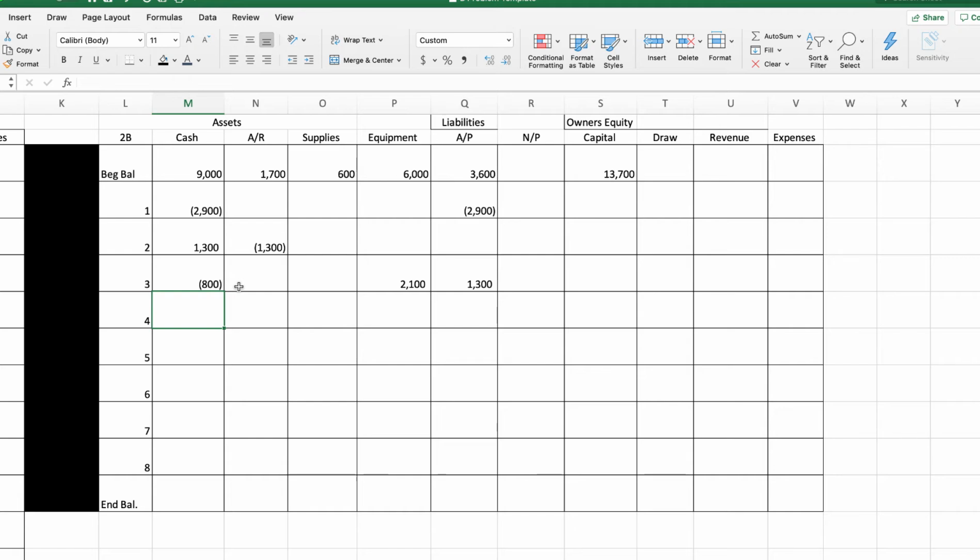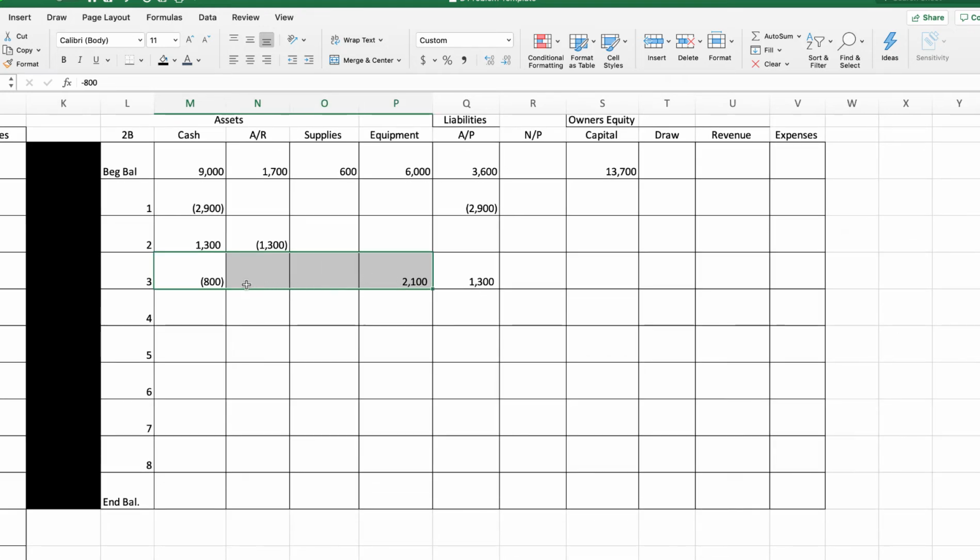Now I want to show you something real quick, because you might be saying we've got three accounts. That's okay, because that's the nature of the transaction. We got equipment, we used some cash, and we put the rest on account, meaning we'll pay them later. If we take the difference between the $2,100 and the $800, that gives us $1,300.